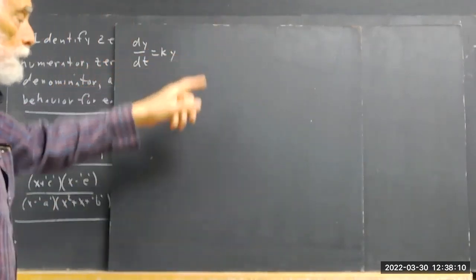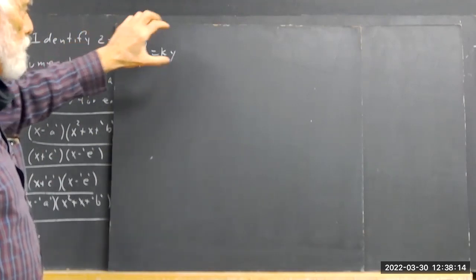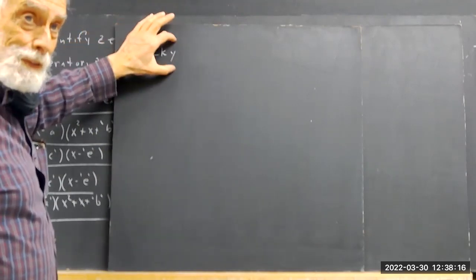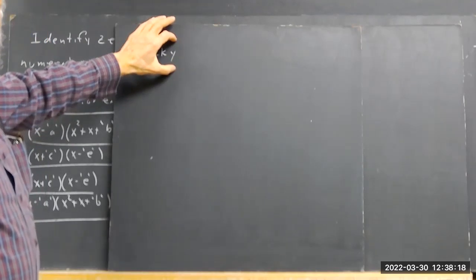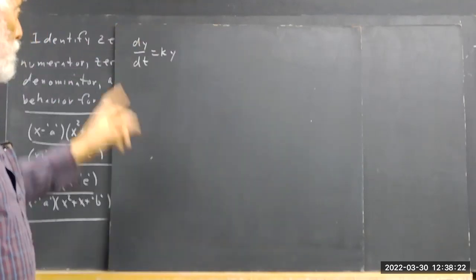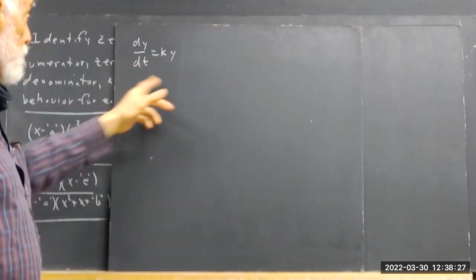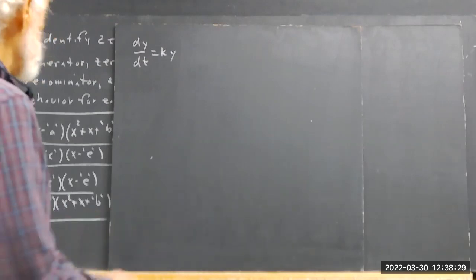But that's the nature of exponential growth. When you have something that's changing at a rate that's proportional to how much you have, then you have this equation. And the solution to this equation is very simple.